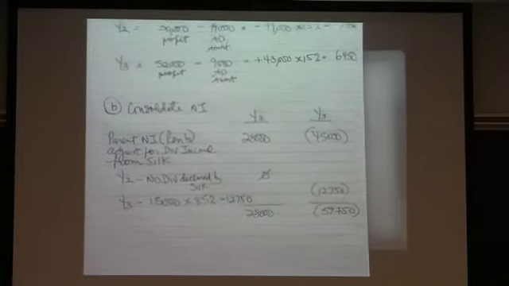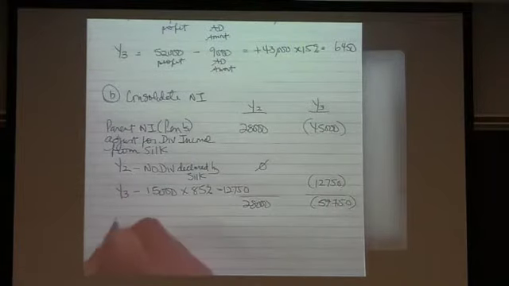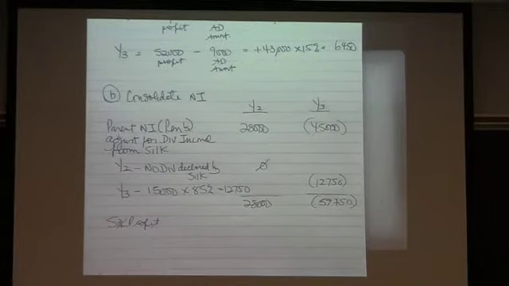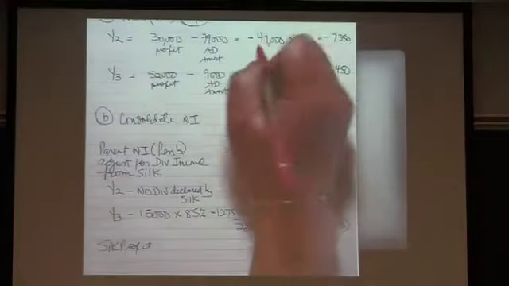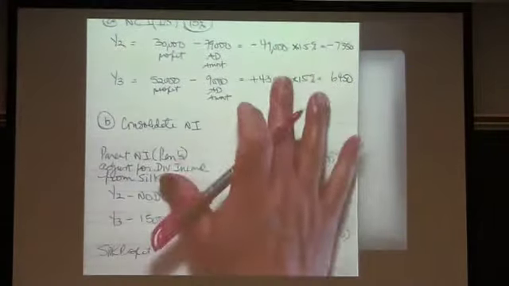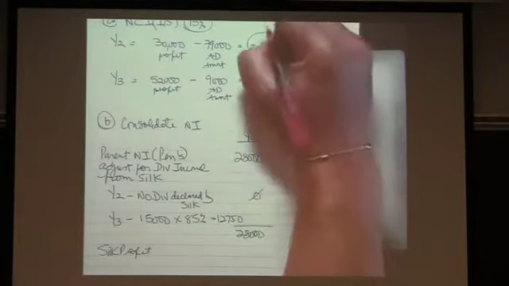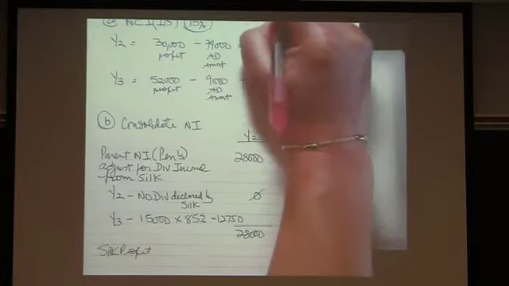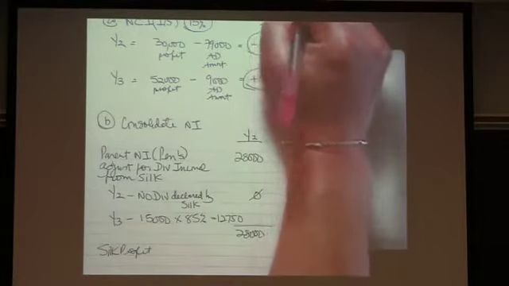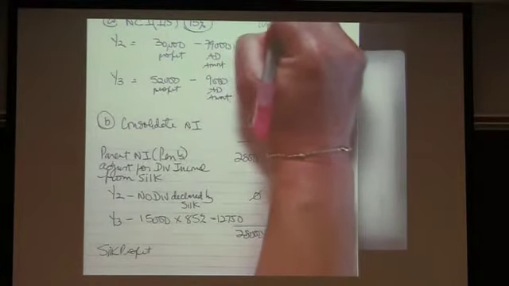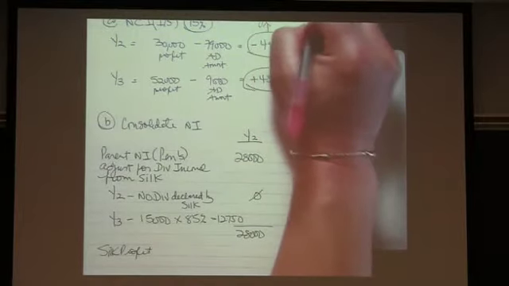Okay? Now, we're going to add Silk's profit. So remember, we did this, right? If you remember the first part, this is Silk's profit adjusted for acquisition differential.